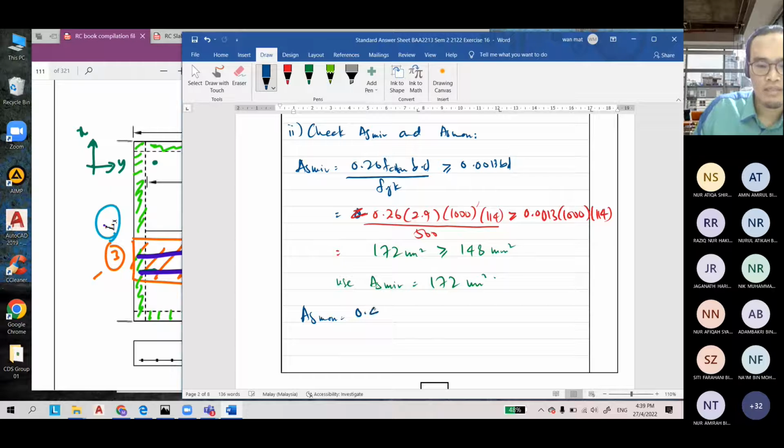So AS maximum is equal to 0.04 AC, equal to 0.04 B times H, equal to 0.04 times 1000 times 150. Any answer?